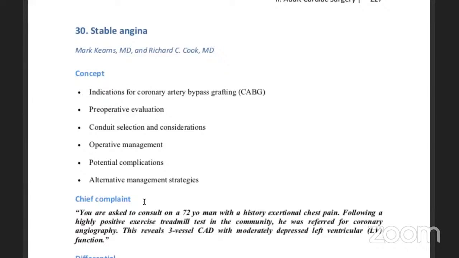So first we will make sure that he undergoes a trial of medical therapy. Okay, but right now I am asking about the pre-operative assessment before treatment, and then surgery for him.